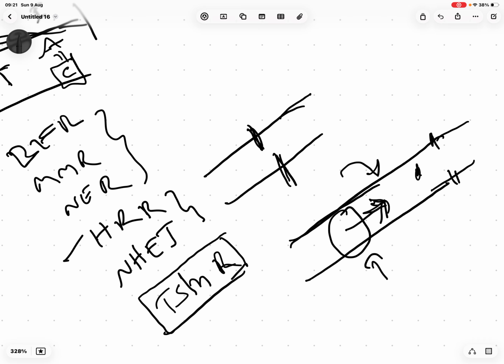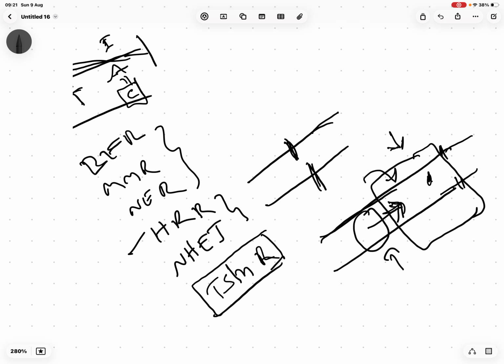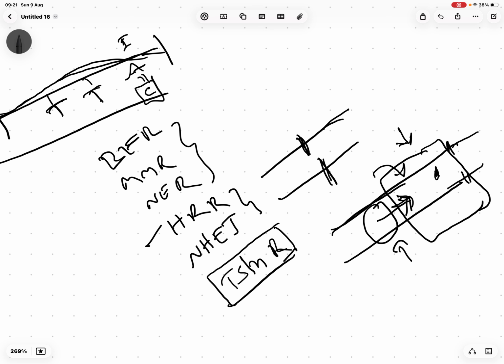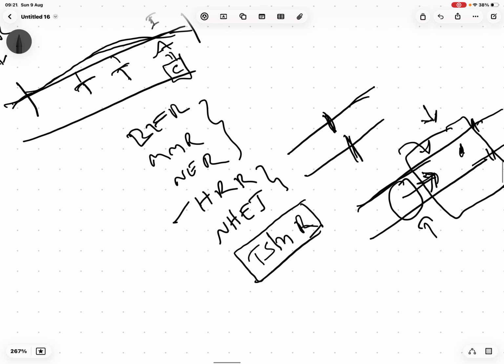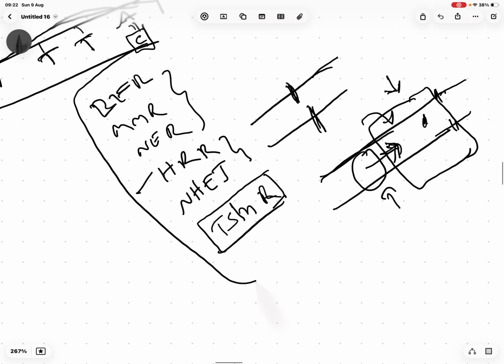Because it doesn't have any proofreading ability, the region where the DNA is processed by this translesion repair system is more prone to errors. That's why it's called an error-prone region. Apart from all these, we have another one that is called the photolyase system.